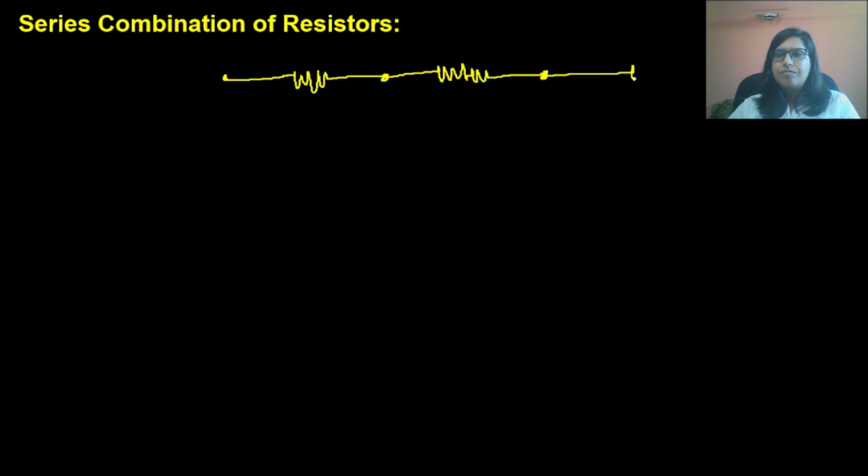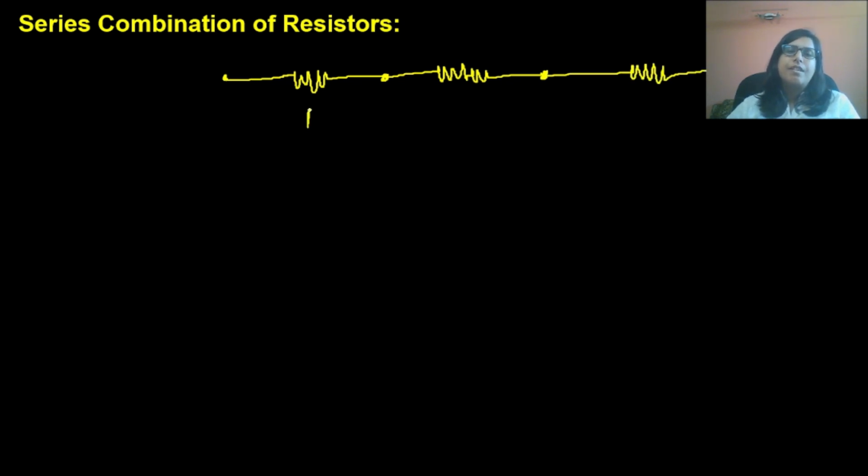Now we will see combination of resistors. First of all we will see the series combination of the resistors. In series combination, the current through all the resistors will be the same.